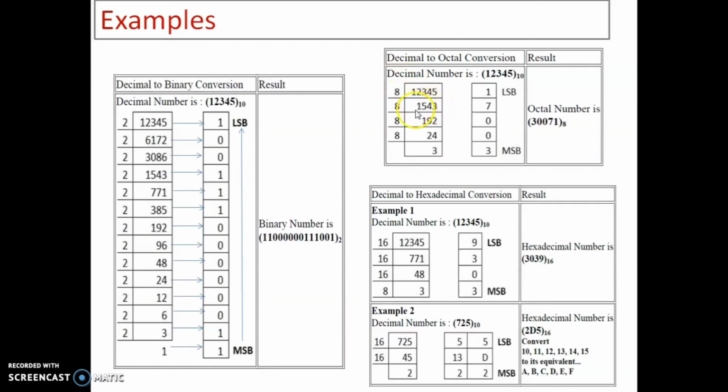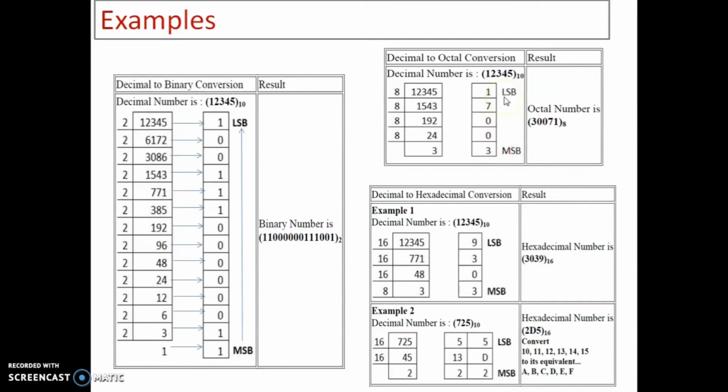We get the quotient as 1,543. Remainder is 1. Note the remainder. Again, divide the quotient of the previous division by 8. Note the remainder. And so on, up to getting the MSB as 3.